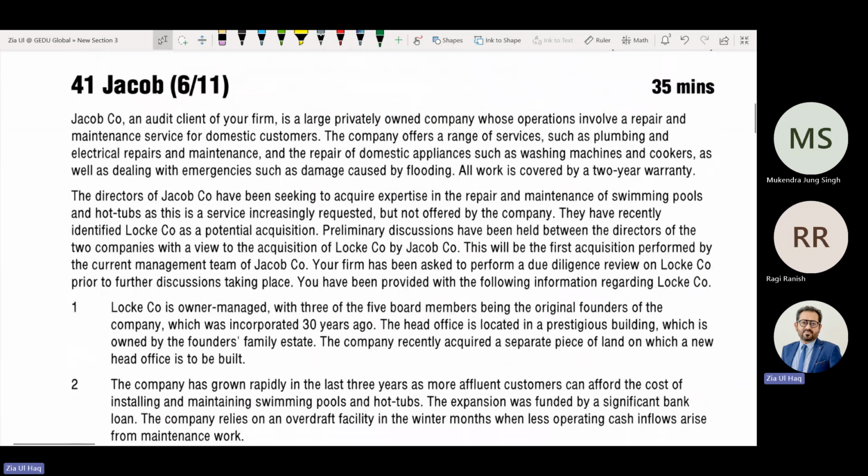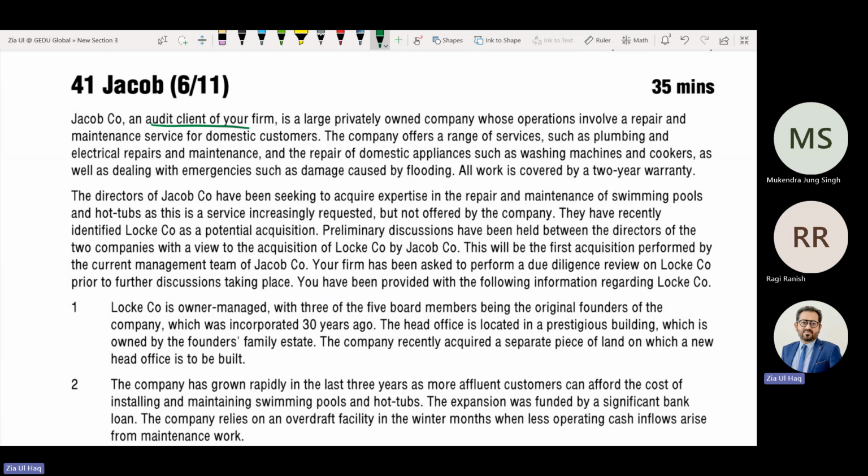So Jacob Company, an audit client of your firm, is a large privately owned company whose operations involve repair and maintenance services for domestic customers. So Jacob is your audit client that provides repair and maintenance services to domestic customers, like plumbing services, sewerage services.